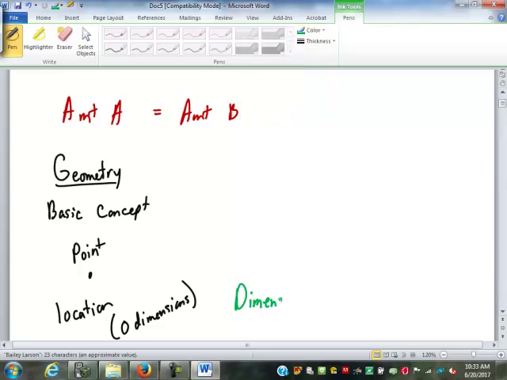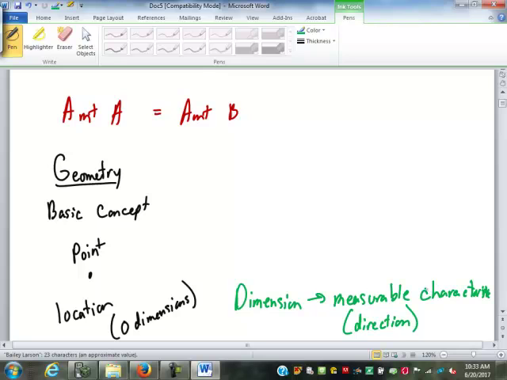A dimension is a measurable characteristic of the, I ran out of space there, and usually it corresponds with direction.